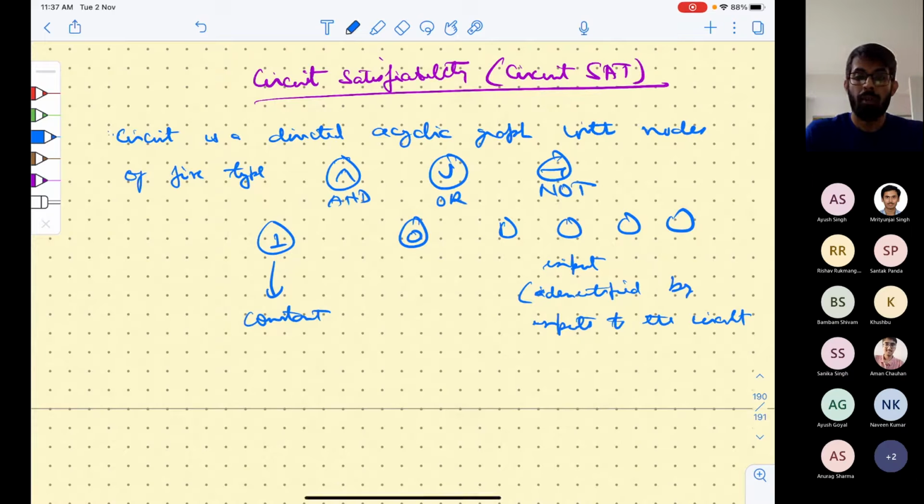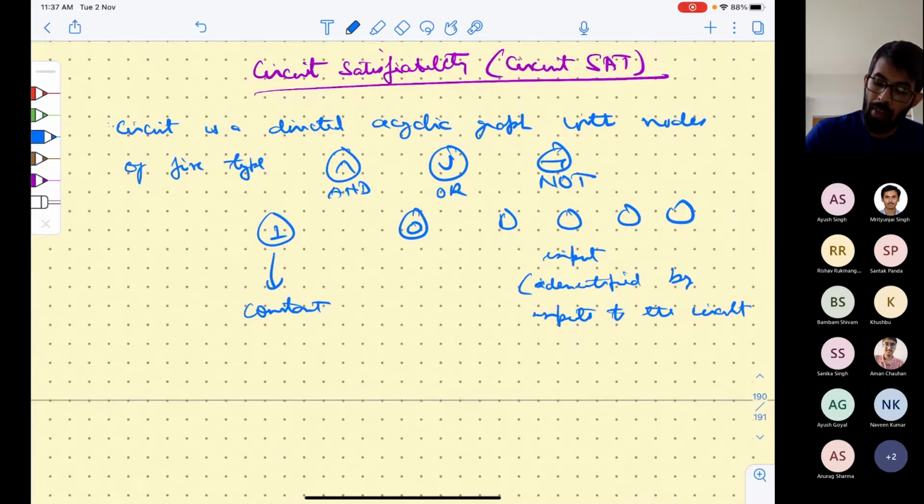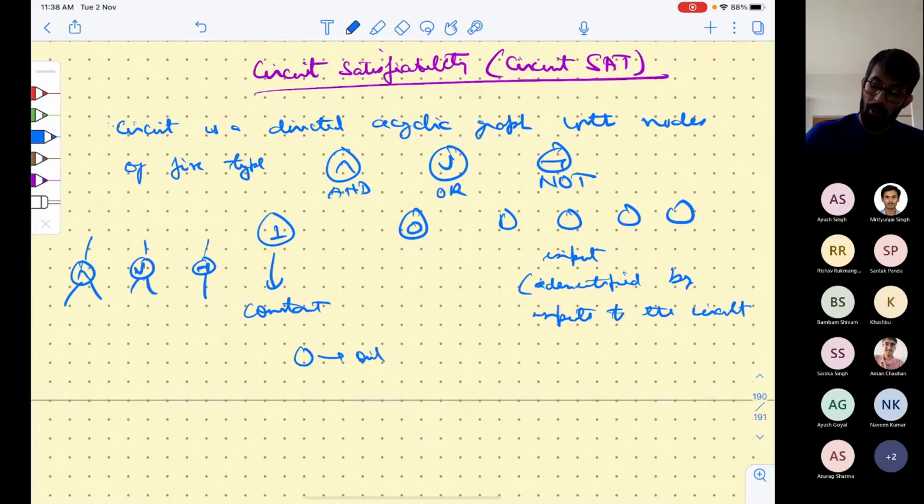Okay. So AND has two incoming edges, OR has two incoming edges, NOT has just one incoming edge. Then there is an output node with no outgoing edges.